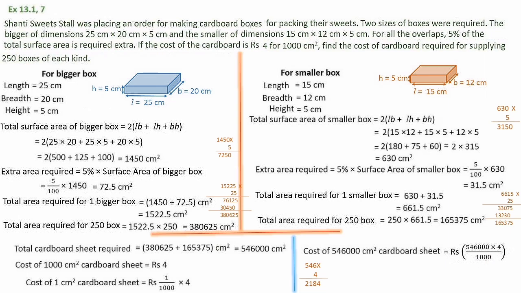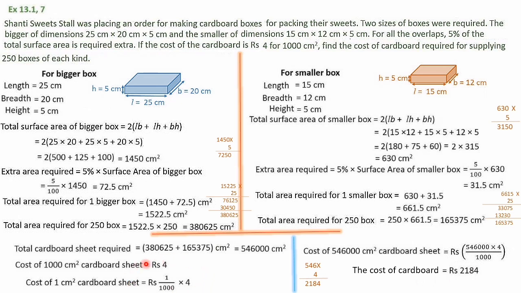Here we will go for the calculation, that is 546 and 4, when you multiply 2184 will come. Then here these 30 and these 30 will be cancelled. So only 546 and 4 is the balance. When we multiply 546 and 4, we will get as 6 4s are 24, remainder 2, 4 4s are 16, 16 plus 2 18, remainder 1, 5 4s are 20, 20 plus 1 is 21. So 2184 will get. So the cost of the cardboard is rupees 2184.